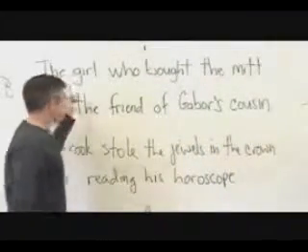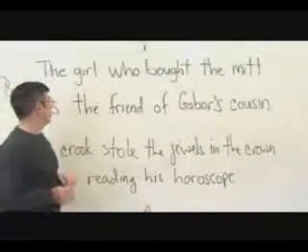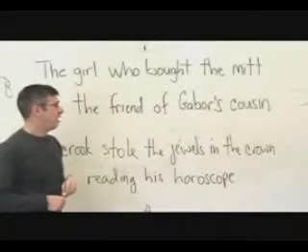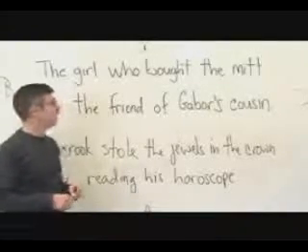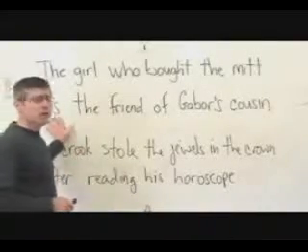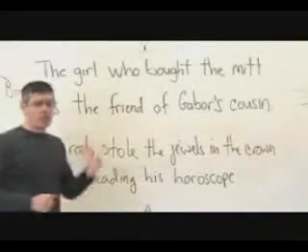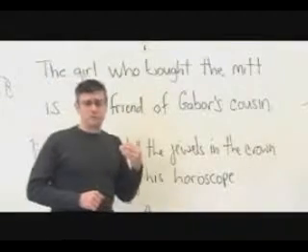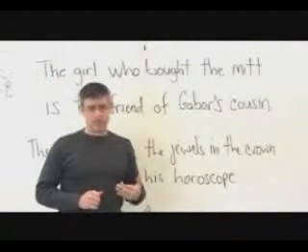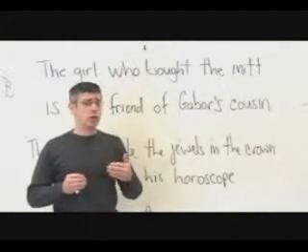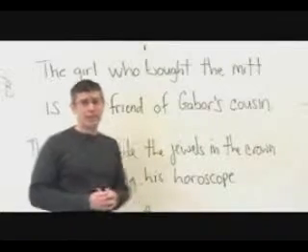Now, here's a sentence. The girl who bought the mitt is the friend of Gabor's cousin. Now, the verb here, or the main verb, is. Nominal phrases answer the same questions that nouns do, namely who or what.